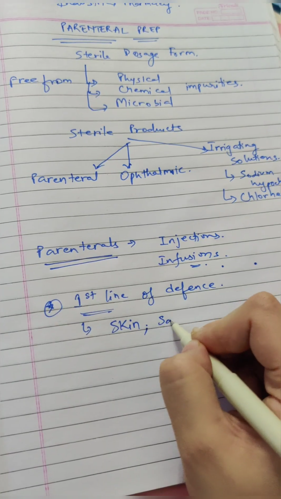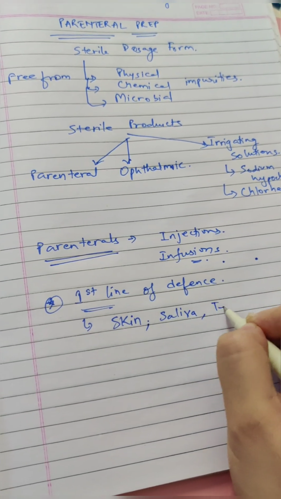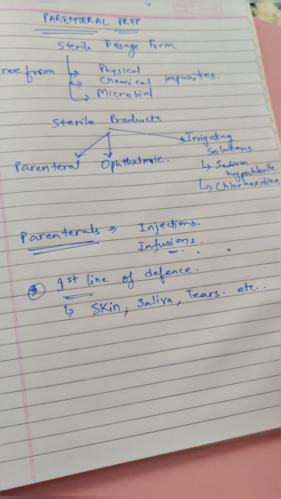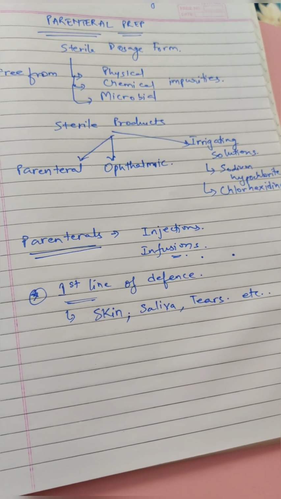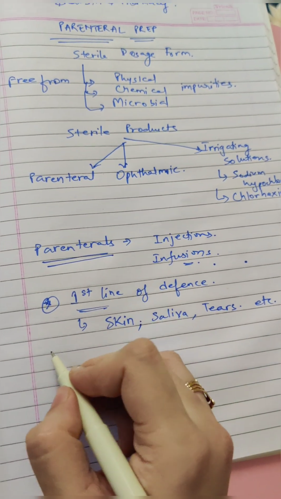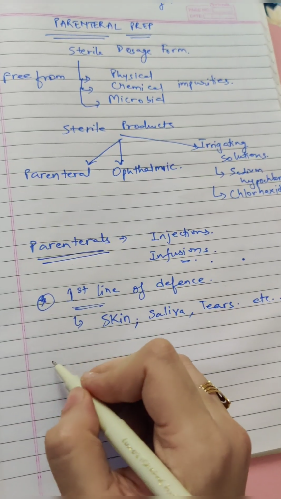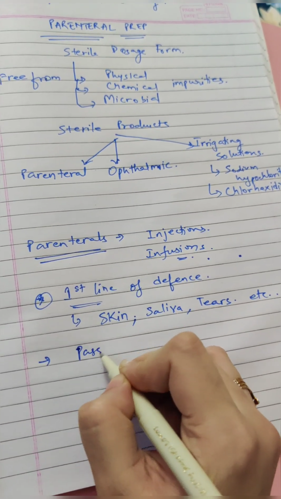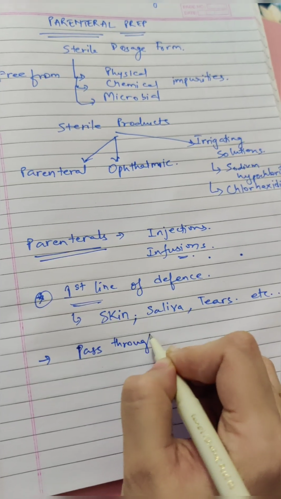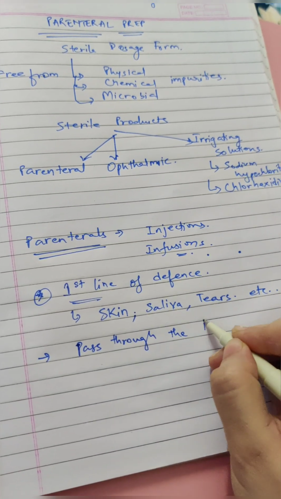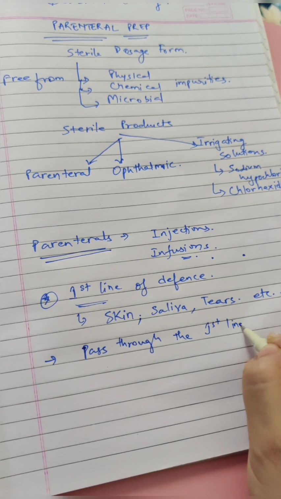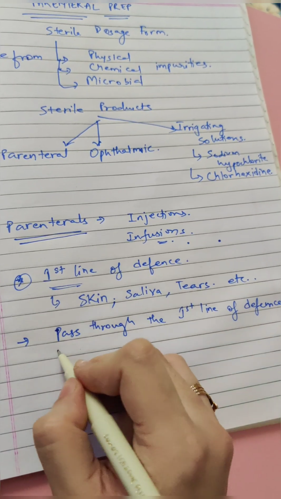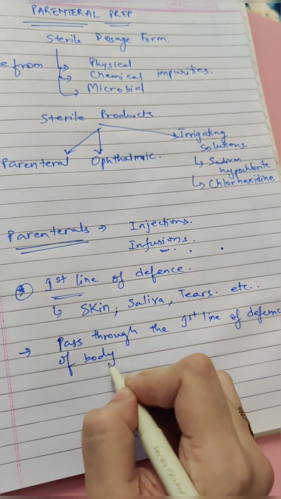Secondly, saliva, tears, etc. So these are the very primary and non-specific lines of defense of the body. Now, parenteral preparations, when administered, they pass through the first line of defense of body, that is skin.